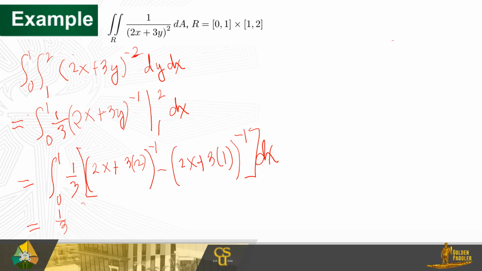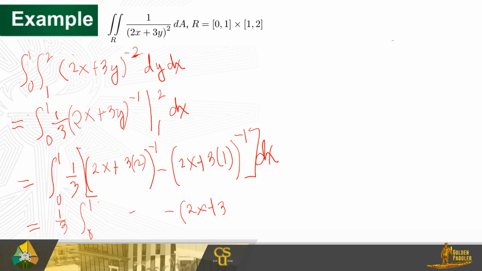So we have the integral from 0 to 1 of ito. Meron tayong 2x plus 6 raised to the negative 1 minus 2x plus 3 raised to the negative 1. So maybe gawin na lang natin 1 over, no?